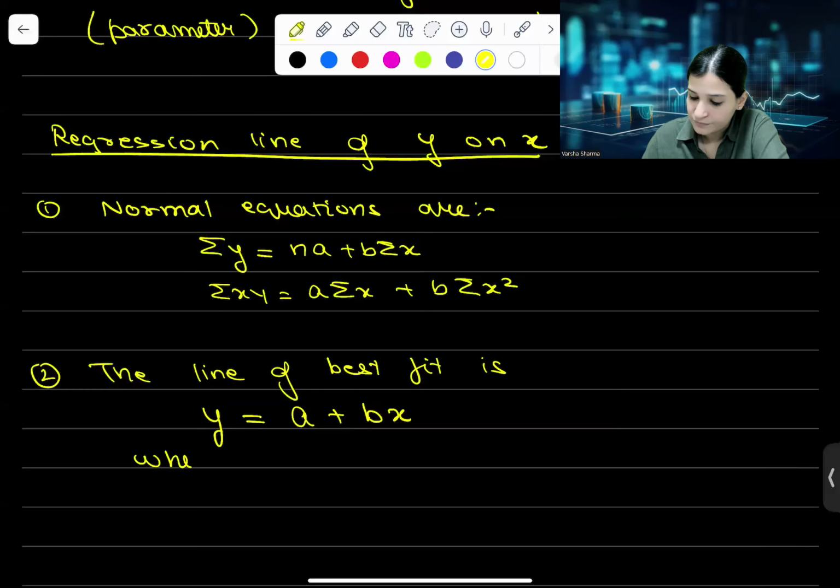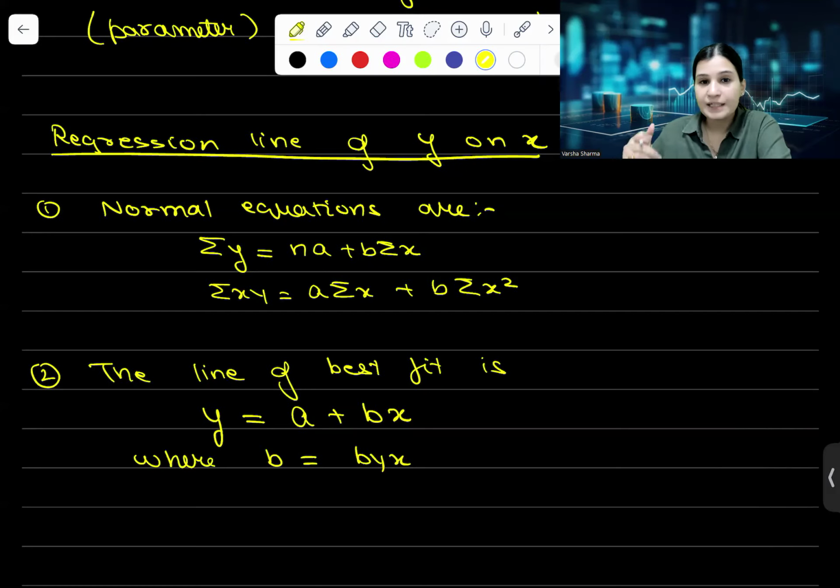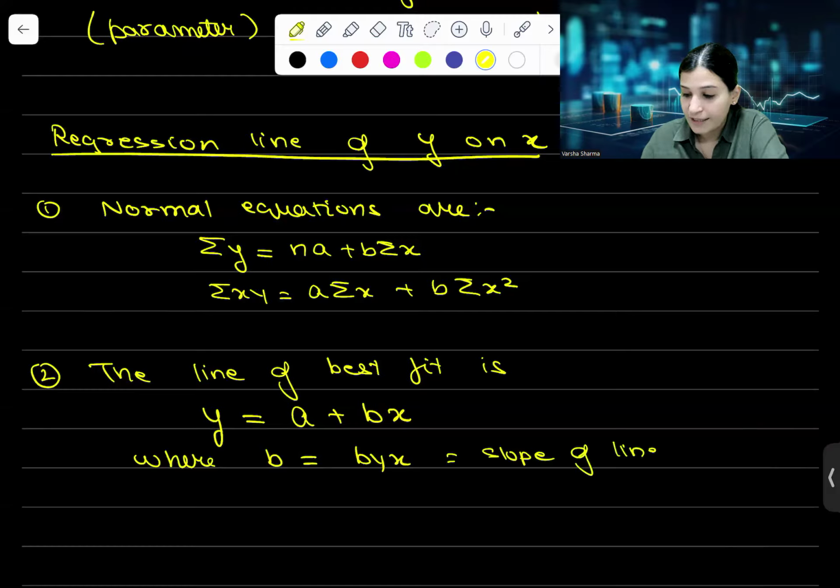where b is equal to byx, because you are talking about y on x now. So the parameter b is byx. It is also the slope of line y on x.